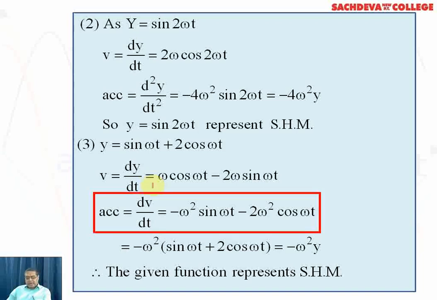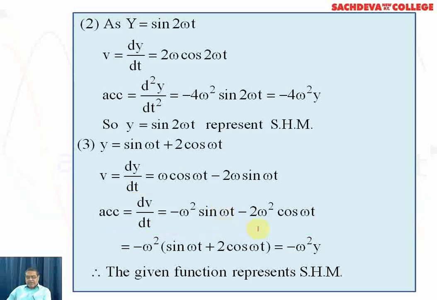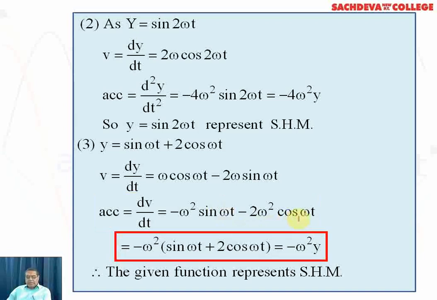After getting this value, we have to calculate acceleration, and that is the rate of change of velocity, that is dv over dt. For the above equation, we have again taken the derivative, and when we take omega square common, the net expression will become minus omega square into sine omega t plus 2 cos omega t, and that is given in the very first line, that is y is equal to sine omega t plus 2 cos omega t.